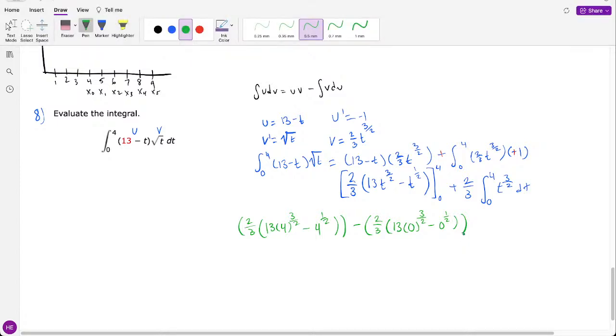wait a second. Oh, I did something wrong. This t here should not be a half, because it's adding instead of minusing like I had in my head.